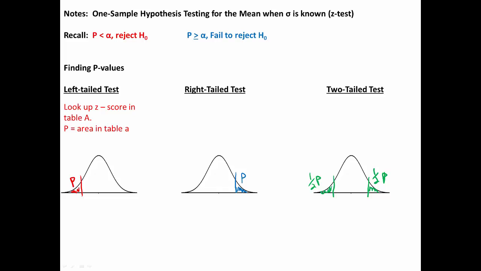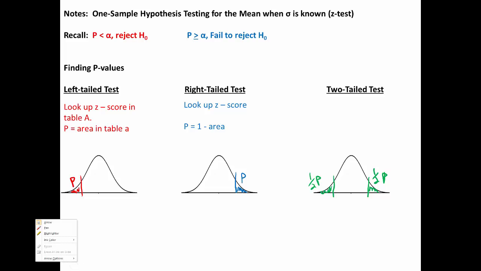If it's a right tail test, we got a problem. What again I should have put down here is Z is right here, to the right of 0. Remember how this works too? This is 0, 1, 2, 3 deviations to the right, -1, -2, -3 deviations to the left. And it goes up to 3.4 on our sheet. So if Z is over here, you got to remember when you look up Z, they're giving you the area on that chart.